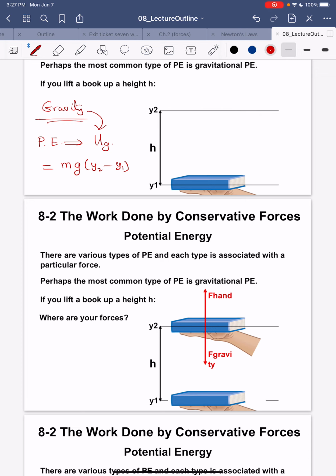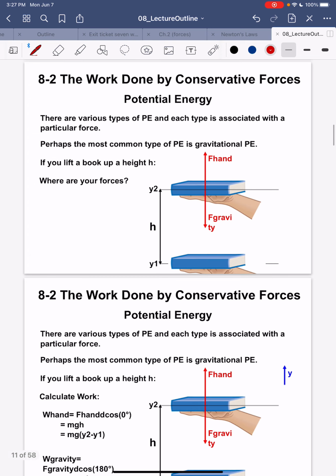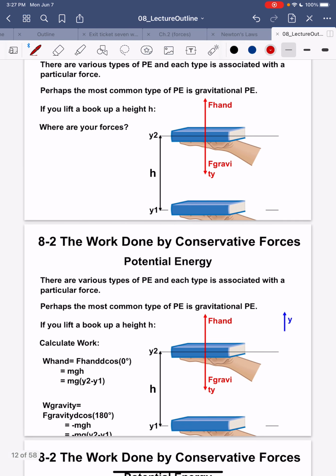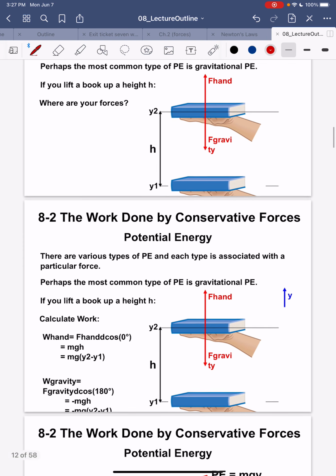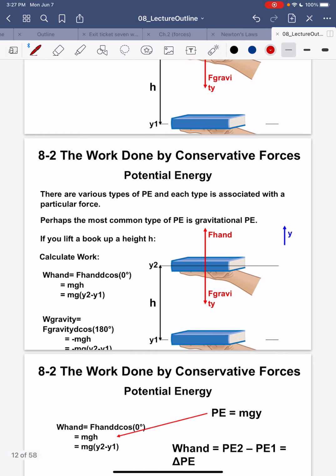Now, in the picture of the textbook, if I am lifting the book to a height h, then I have two forces acting on it. One is gravity, and the other is the force from my hand. The work done by the hand is mgh, which is mg(y2 minus y1). The work done by gravity: gravity is downward, so with cosine 180 it is negative mgh.